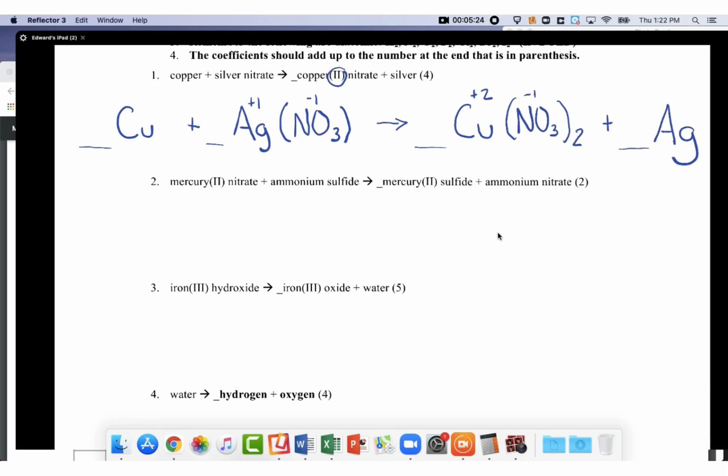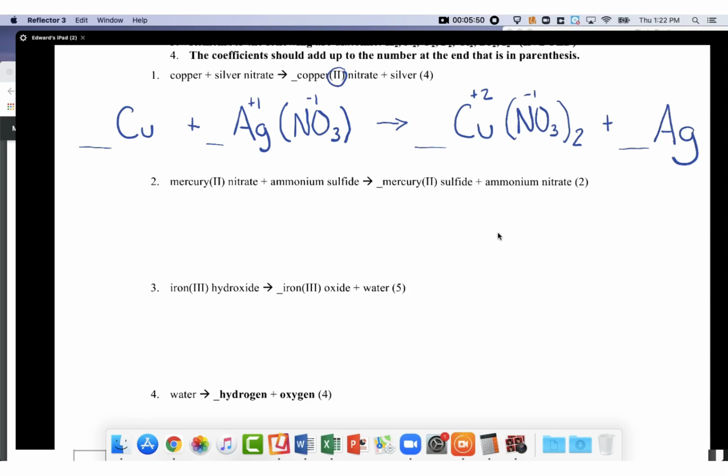So first of all, I have to make sure the formulas are already done. And as I went, I crisscrossed and I did everything as I went. I wrote down the name, I wrote down the symbols, I put up the charges, I crisscrossed when it needed to be crisscrossed, and so all of my formulas are correct.